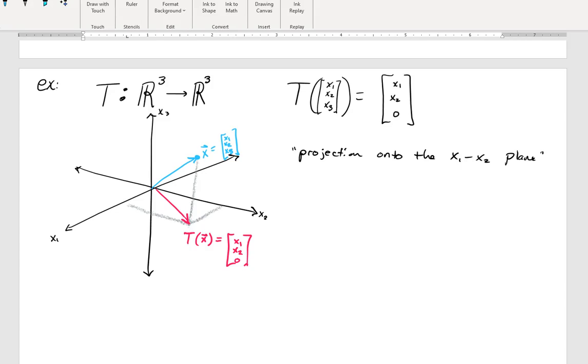All right, so if I took every possible member of R3, every three-dimensional vector with real numbers in it, and I did this transformation to all infinitely many of them, I spent all of eternity turning z coordinates into 0 and plotting them on the x1, x2 plane. All right.